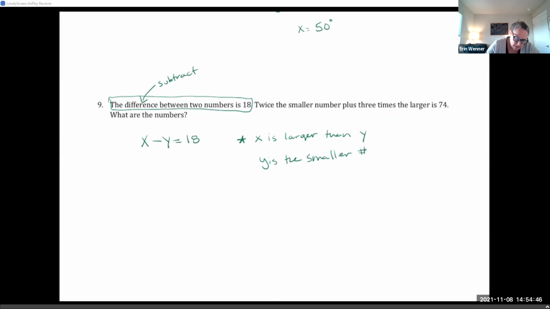So when we look at our second statement, it says twice the smaller number plus 3 times the larger is 74. So twice the smaller number, 2y, plus 3 times the larger, 3x, is 74.